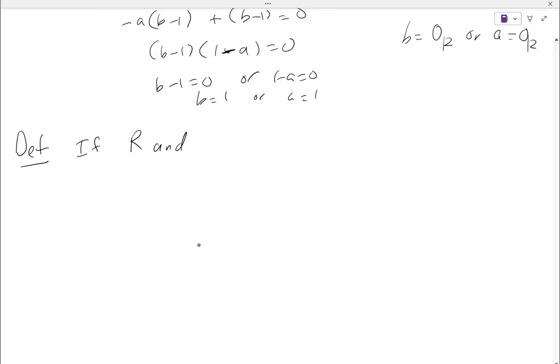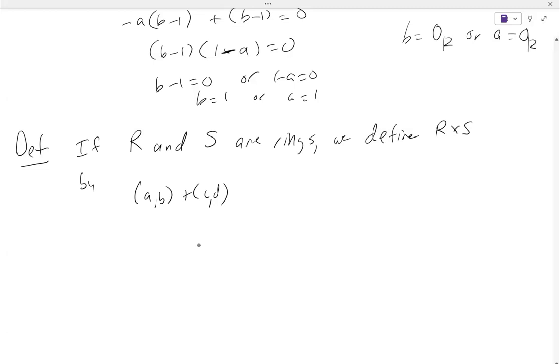If R and S are rings, we define a new ring, R cross S, by, well, I need the set of things plus two operations.